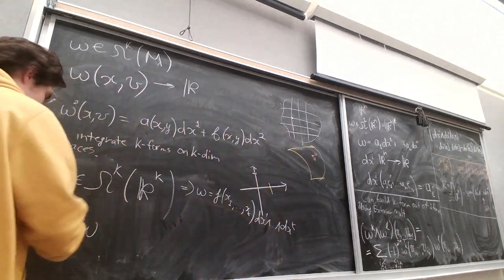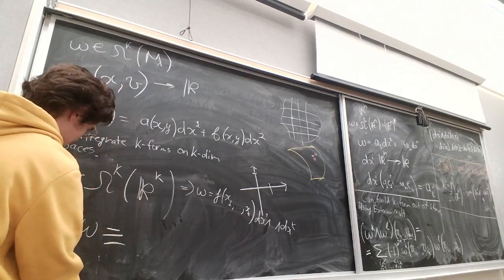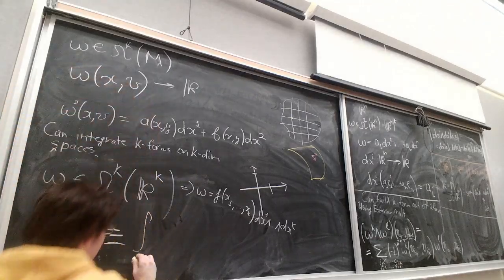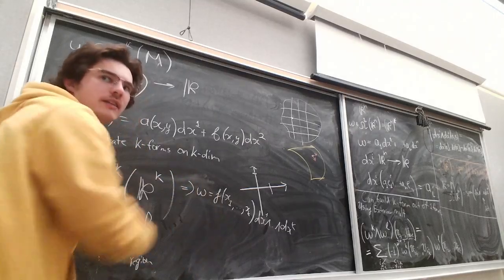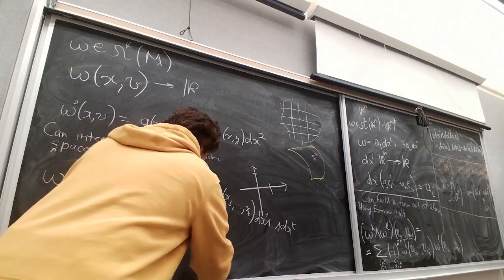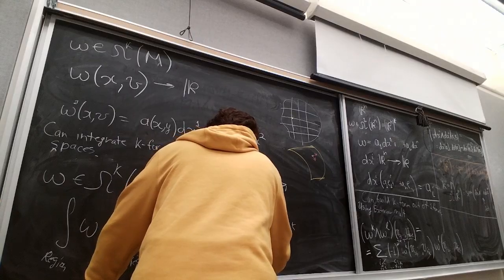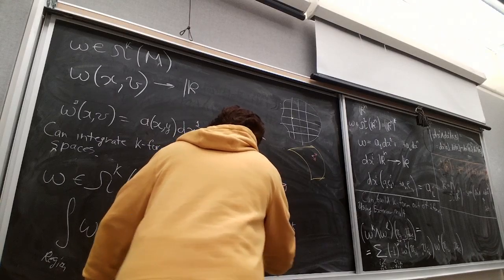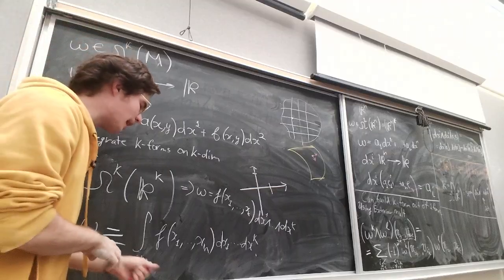I will define the integral of omega on whatever region to be precisely just the usual integral of this function f of x. I will define this to just agree with what we would expect. Do you agree? Okay. But what could happen?